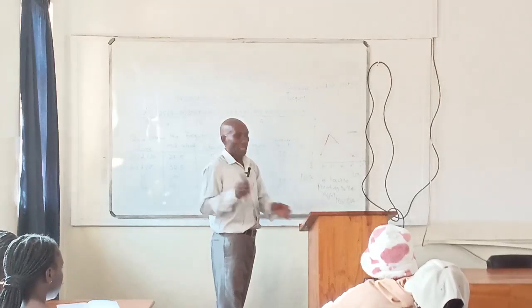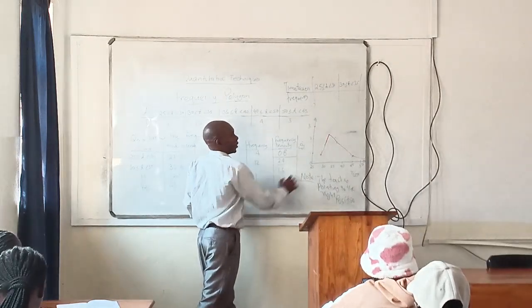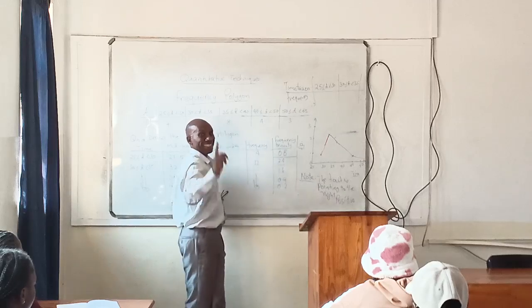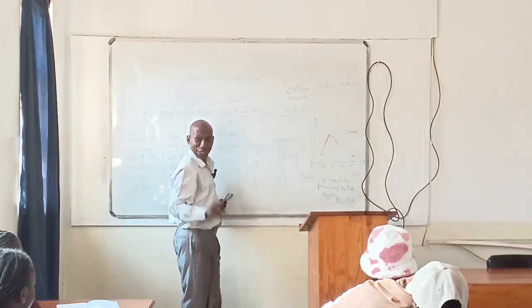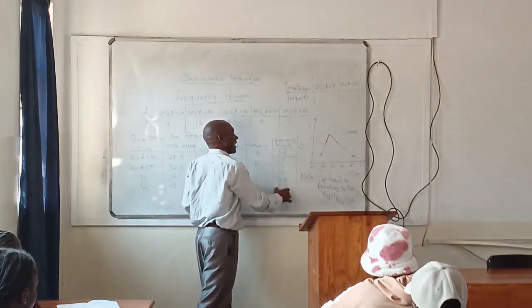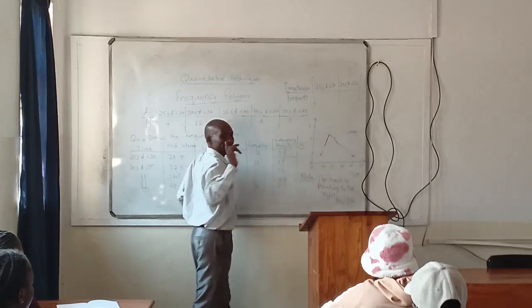Take note, even if you used only the frequency, frequency over time, it would have worked. Or you use frequency density here; with this, it would have worked the same.